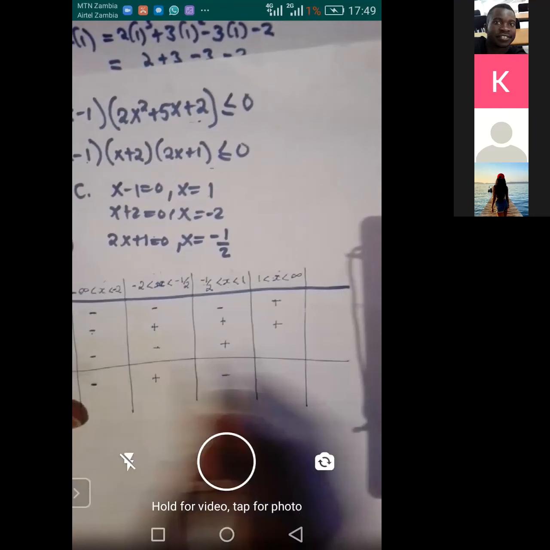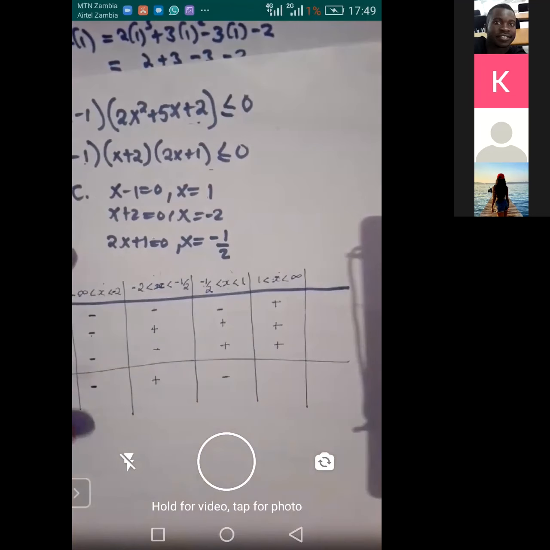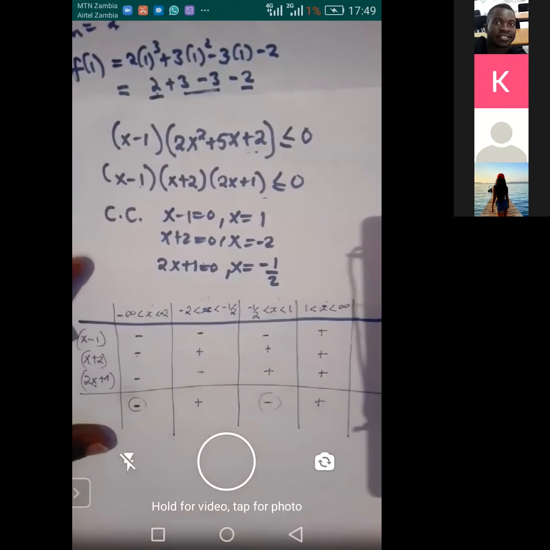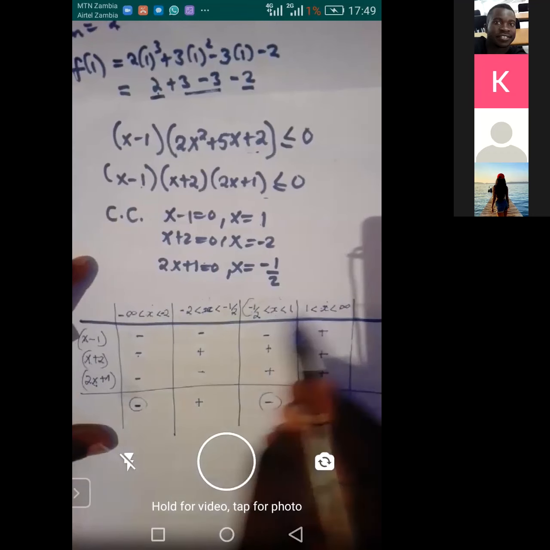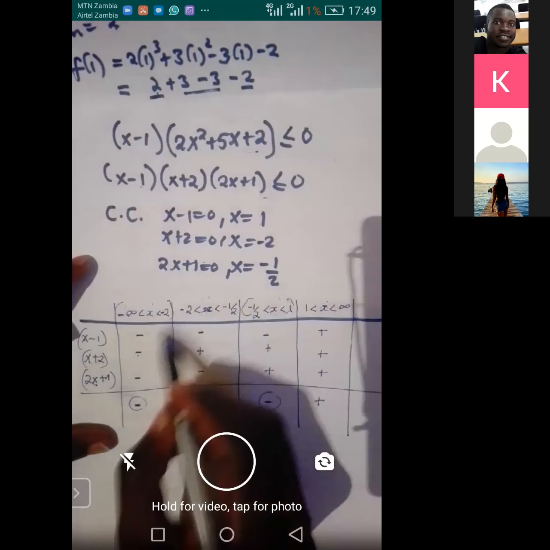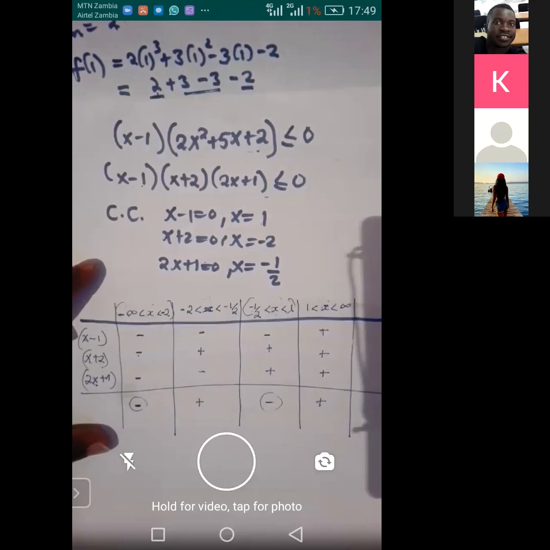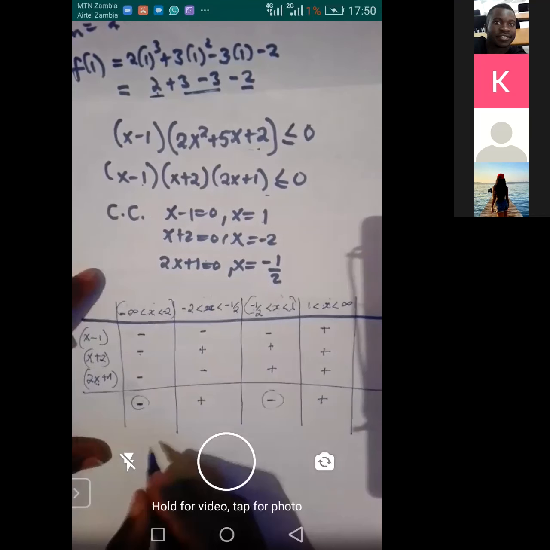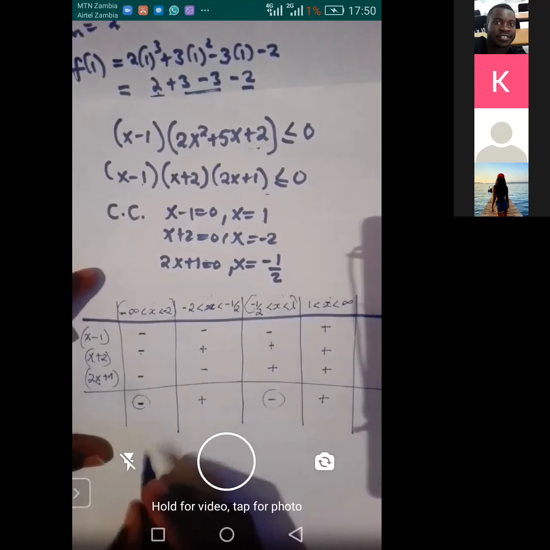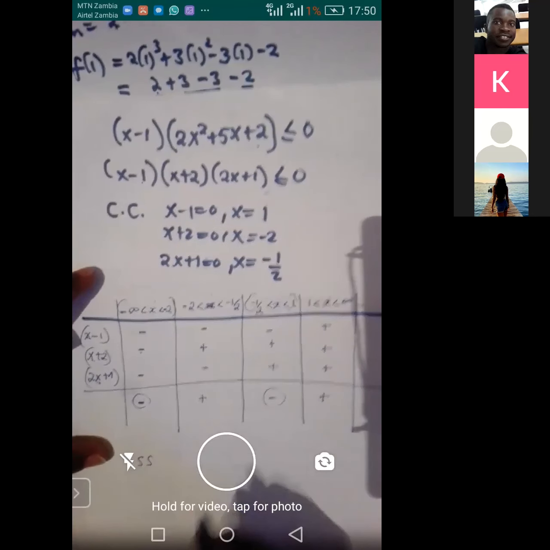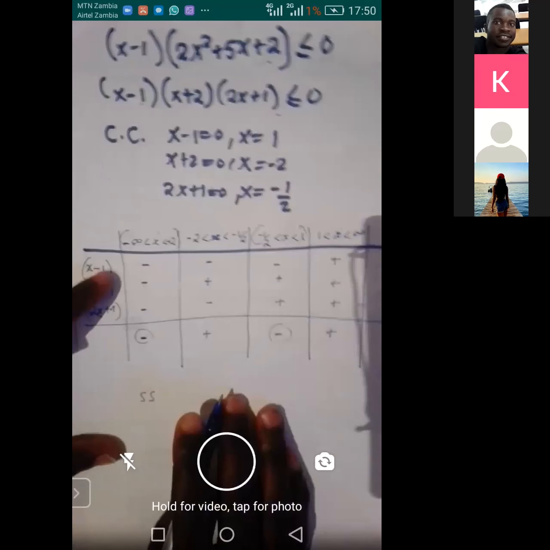So when you go back to your inequality here, the values will lie in this interval and in this interval here. So how is the solution set going to look? The solution set will look something like this.